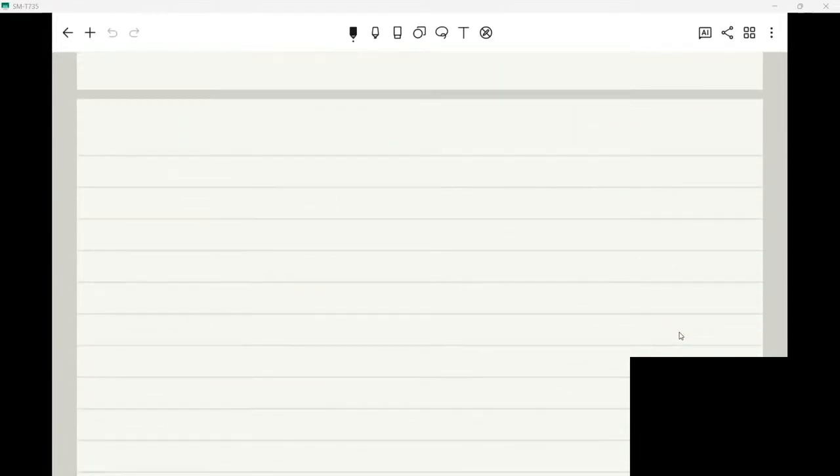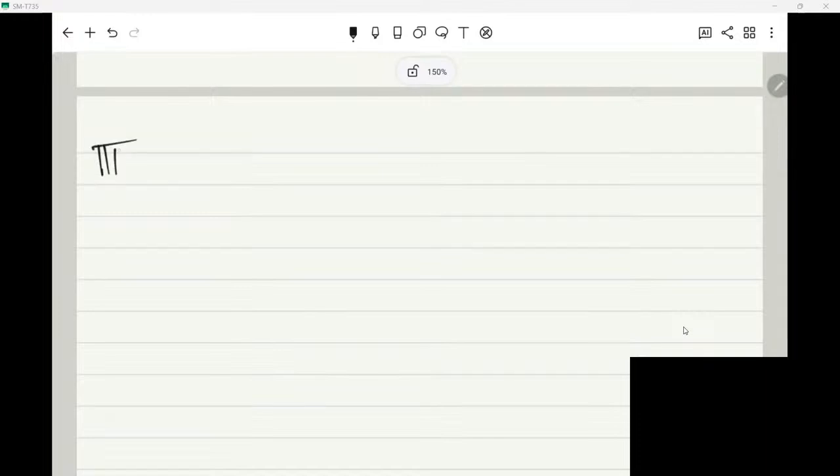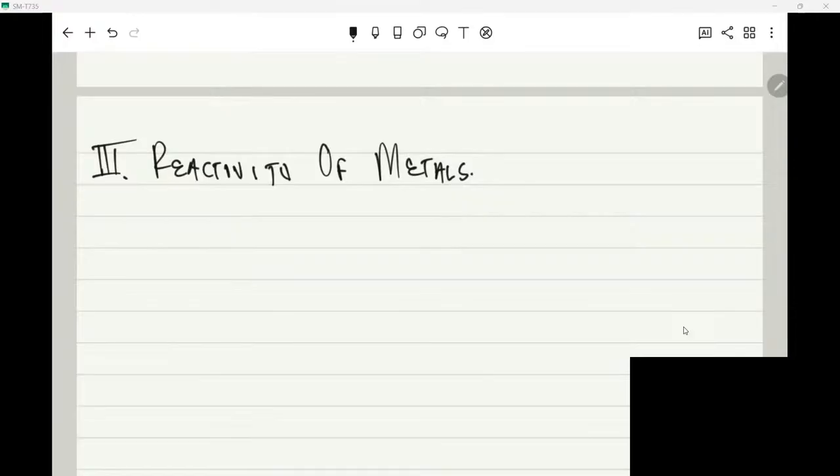Let's talk about reactivity of metals as our third thing. Reactivity of metals. Which one are we going to look at? Remember that we are only interested in really looking at group 1.